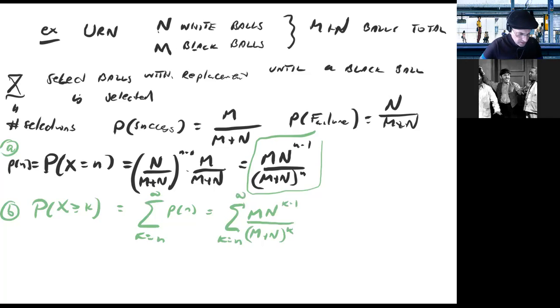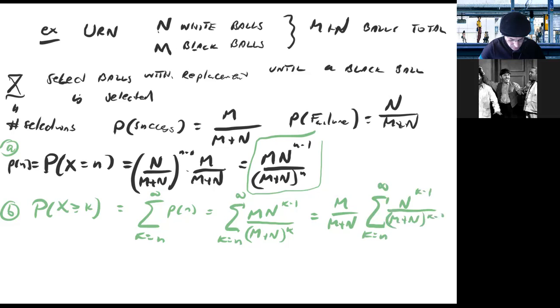Okay, and we can factor out an M over M plus N from this expression to get the sum, n goes from k to infinity, of N to the n minus 1 over (M plus N) to the n minus 1. And what is that? Well, see, this thing here is a geometric series.